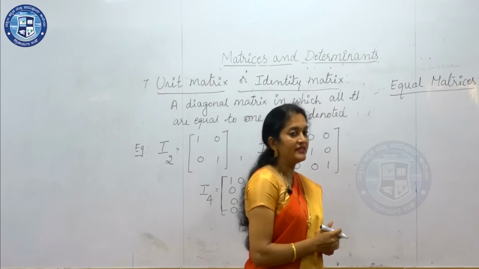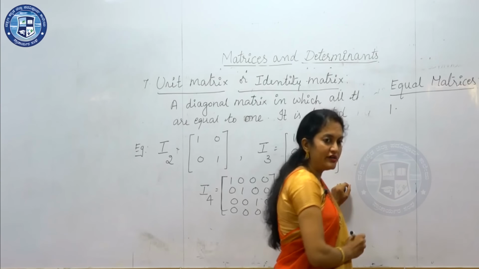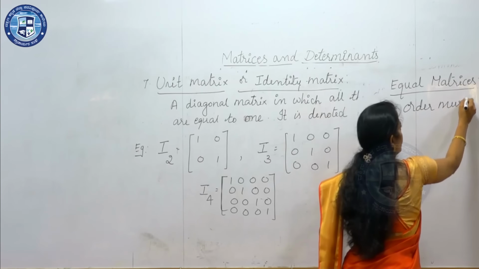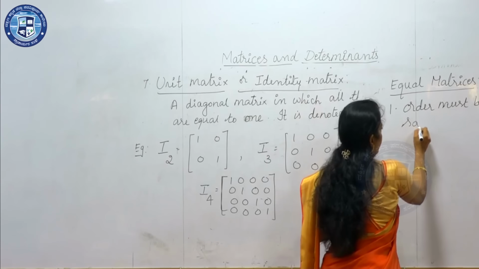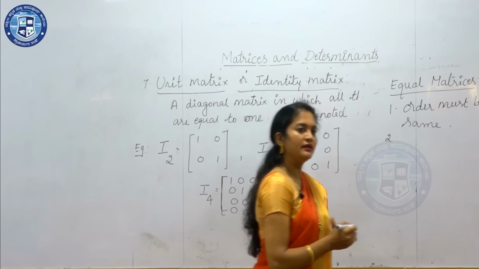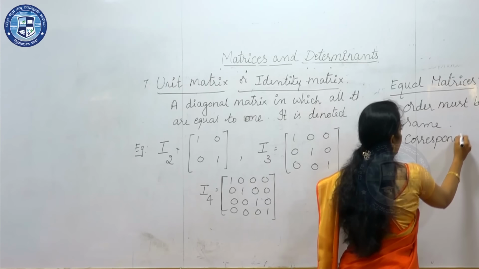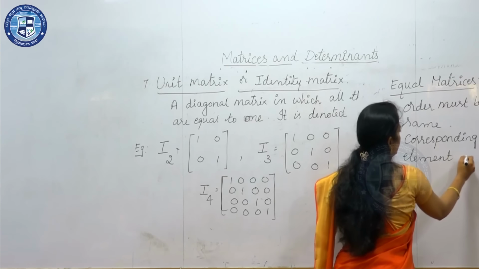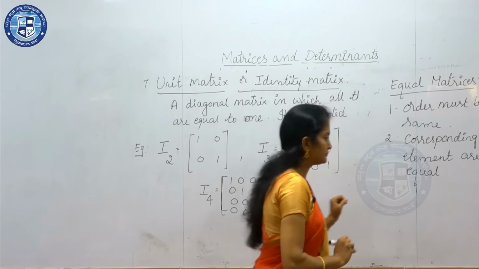If two matrices are equal, then their order must be same and the corresponding elements must be equal.